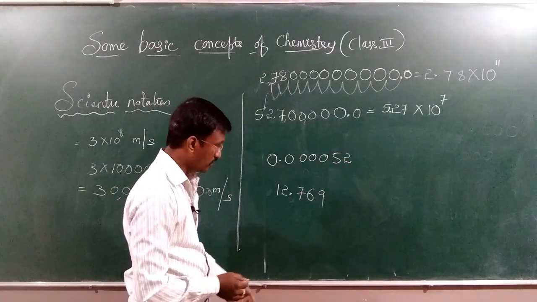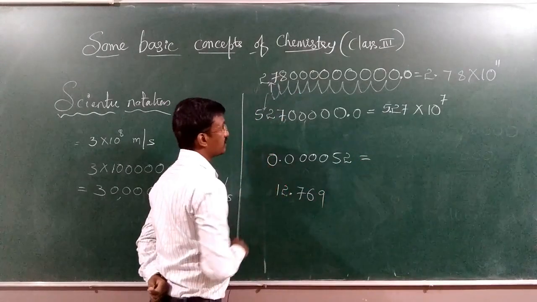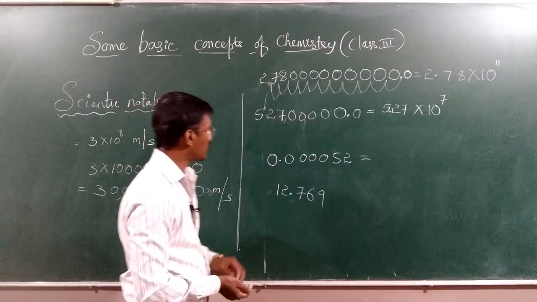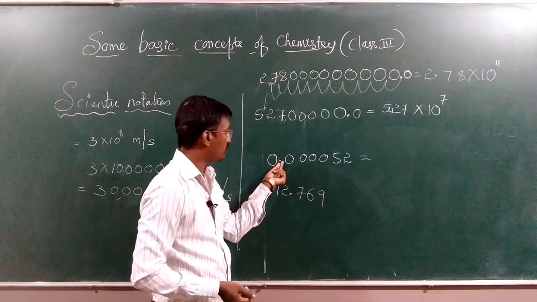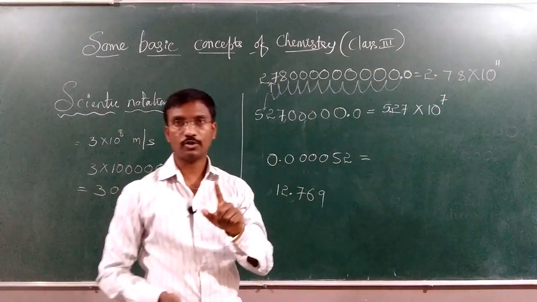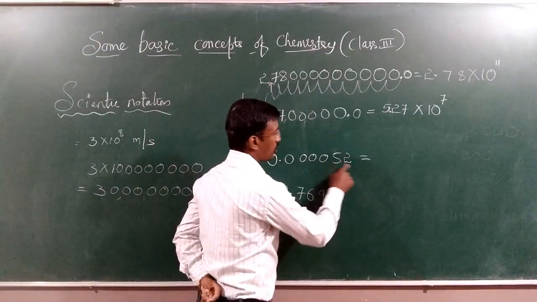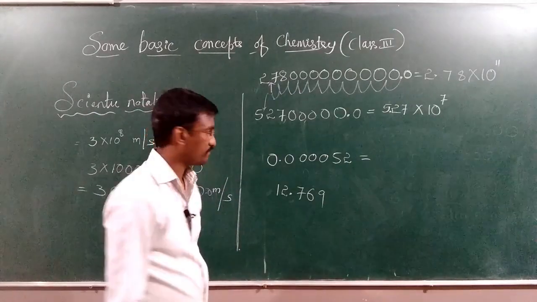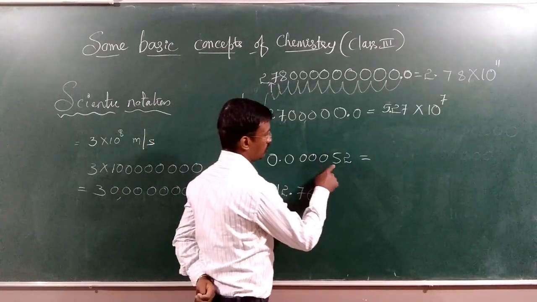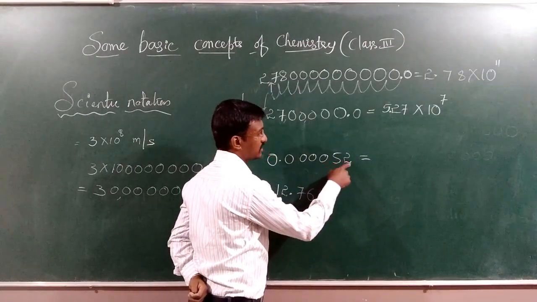So look here. For this number, I have to write the scientific notation. The first thing is we have to put the decimal point after the first non-zero term. Here 5 and 2 are the non-zero terms, the first non-zero term is 5 and the next one is 2.